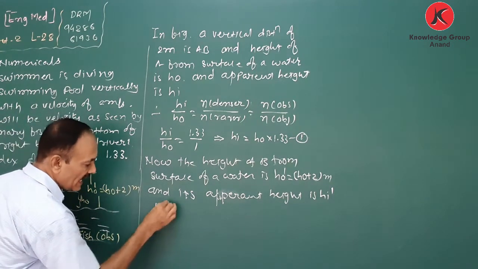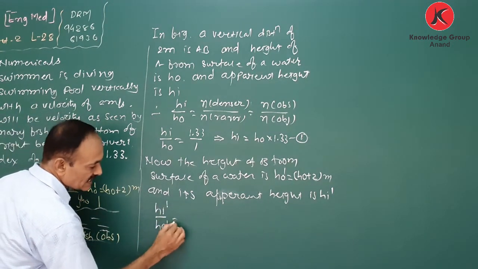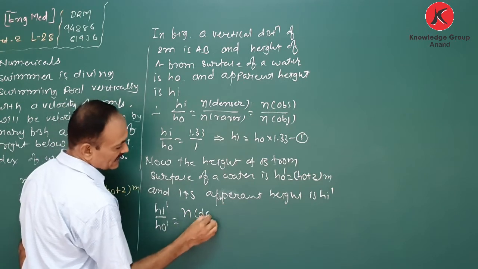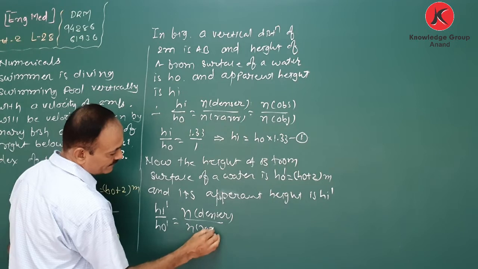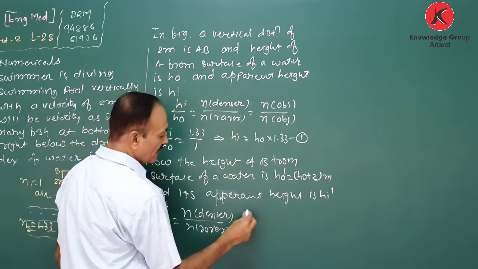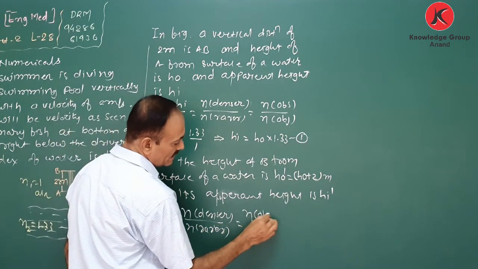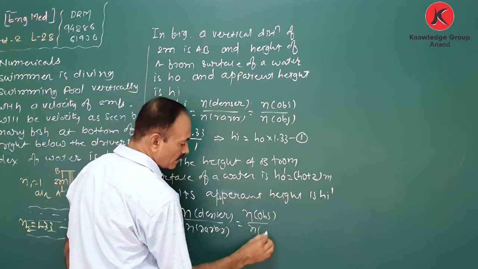Therefore, HI dash upon HO dash is again n denser to n rare, equal to n observer to n object.